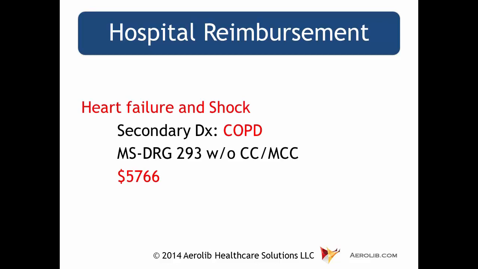Now, how does this affect hospital reimbursement? Most of you have seen these slides where, when we use heart failure and shock with a secondary diagnosis of COPD, there's a DRG of 293. And since we're not documenting a comorbid condition or a major comorbid condition, our reimbursement is about 5,700. Let's get more specific by describing the secondary diagnosis of COPD, and we see our reimbursement go up.